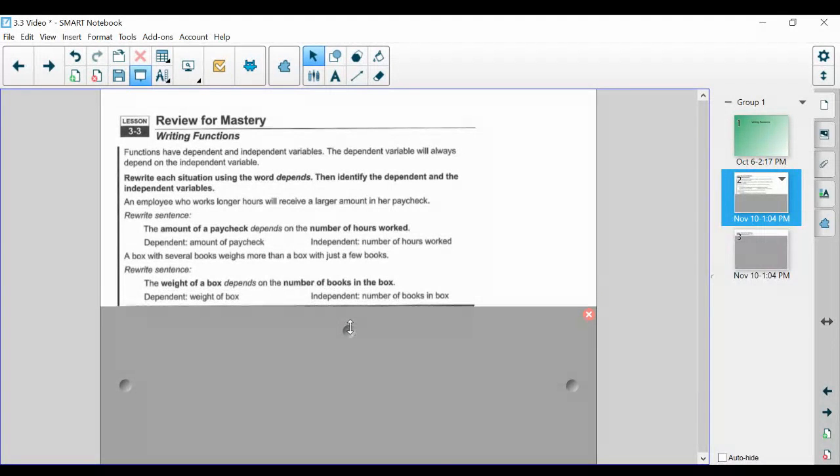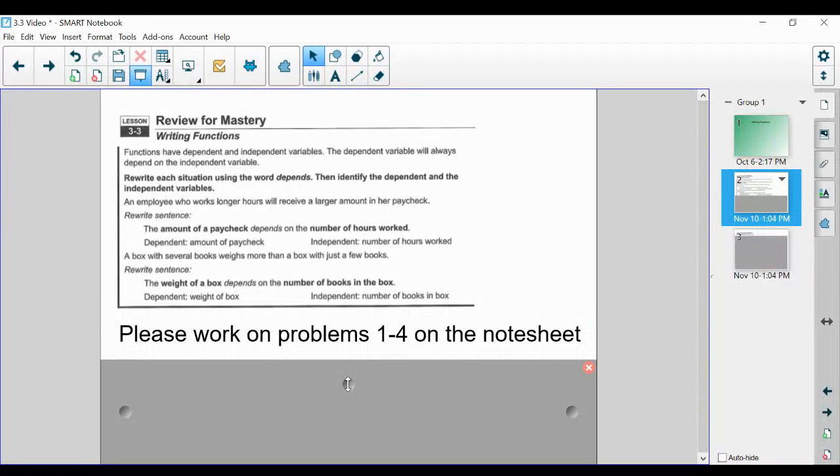So we can identify the dependent variable, which is the weight of the box, because that depends on the number of books that are inside that box. Again, the dependent variable depends on the independent. The independent can change, the number of books in each box can change, but the weight of the box depends on the number of books, which is where we get our dependent and independent variables from.